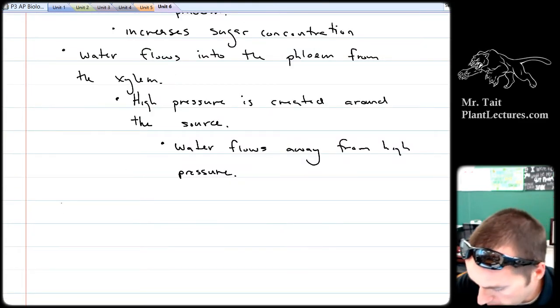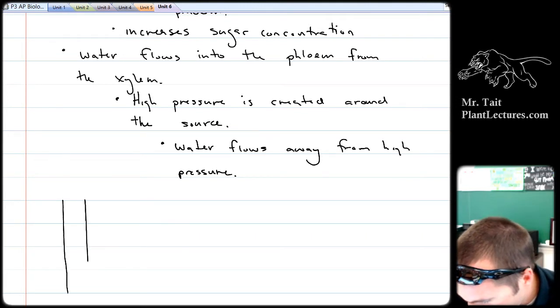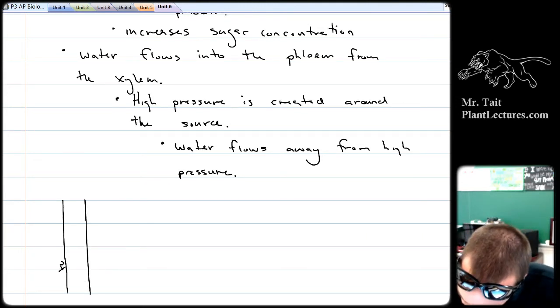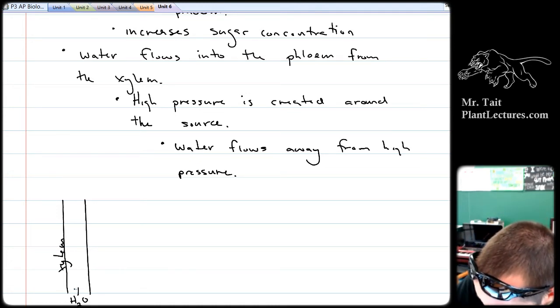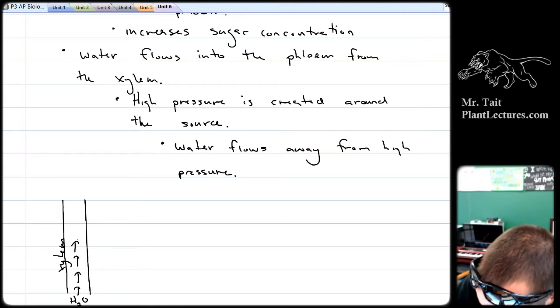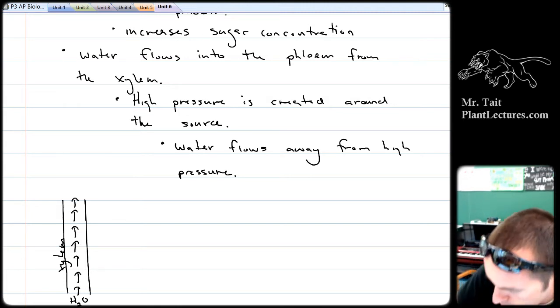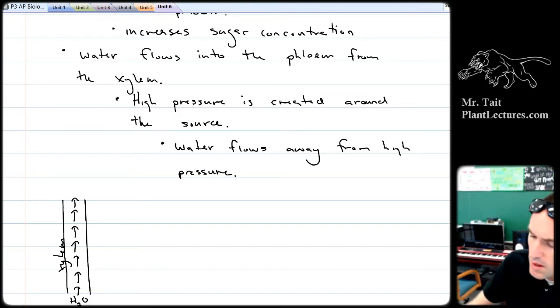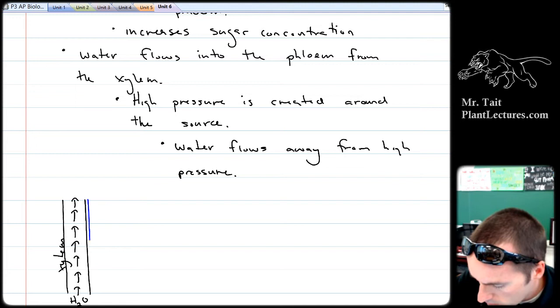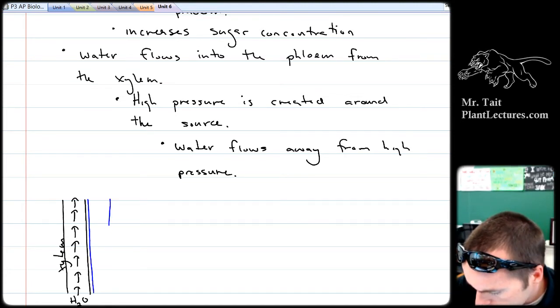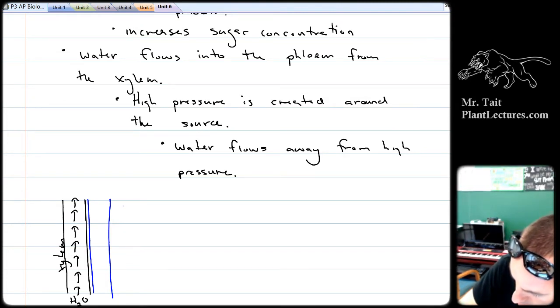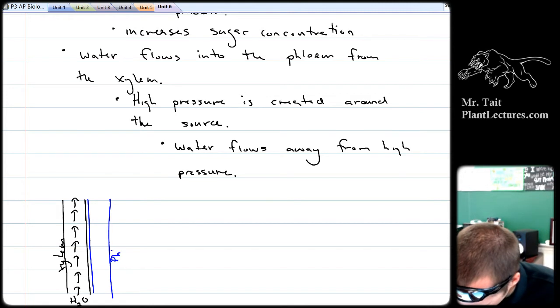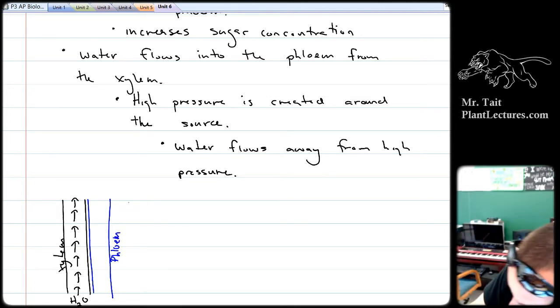Let's try to do a little diagram here. So here you got xylem. In the xylem, you've got H2O, and it's going to flow up the xylem only through root pressure and transpiration pull. Okay? Right next to the xylem, you got the phloem. Okay? At the top here, let's say here's your sugar source.